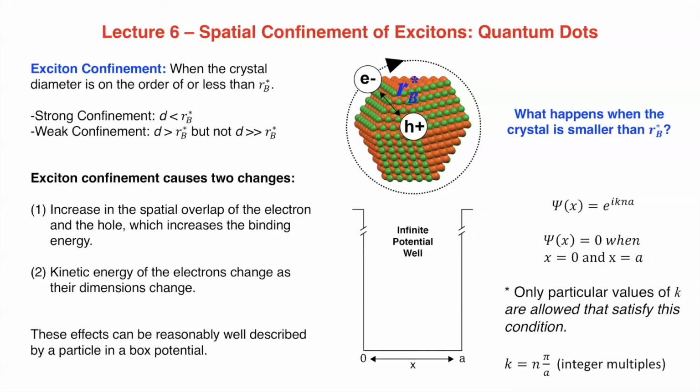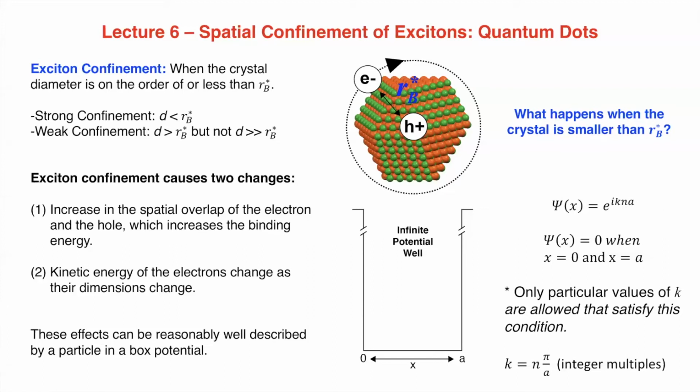So take your standard particle in a box, an infinite potential well bounded by this dimension x. In our example, x can be 0 on the left side of the box or as large as a, the right side of the box. If you have a generic wave function here, a Bloch function, the wave function as a function of x goes as e to the ik n a, where a is the unit cell dimension and n is a quantum number, an integer multiple of the different possible wave functions.